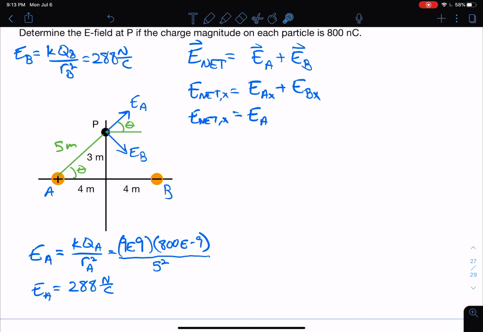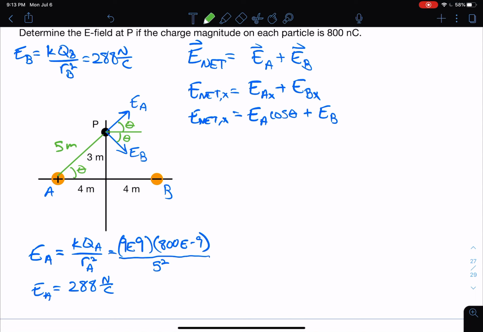So when I want the x component, that's going to be the adjacent side, so that's going to be cosine of theta. Now I'm going to do a similar thing for EB here. Notice, by the way, EB is also pointing to the right. It has a positive x component. So this angle is actually also going to end up being theta. How do I know that?